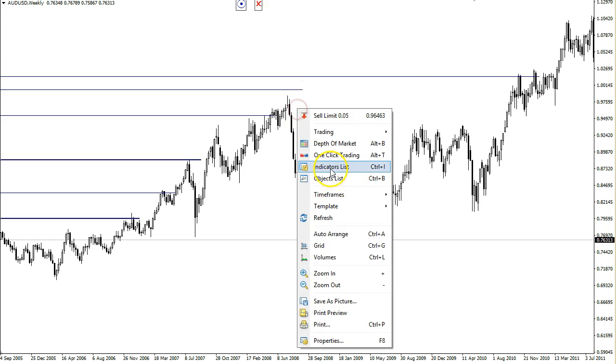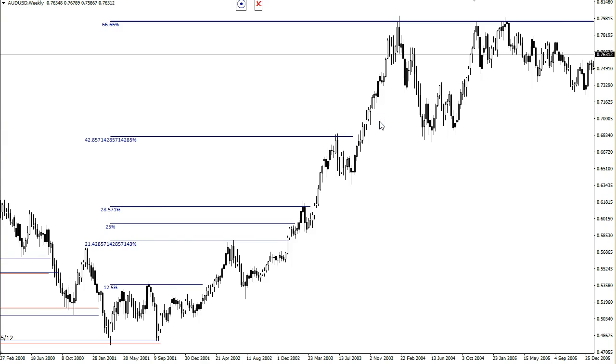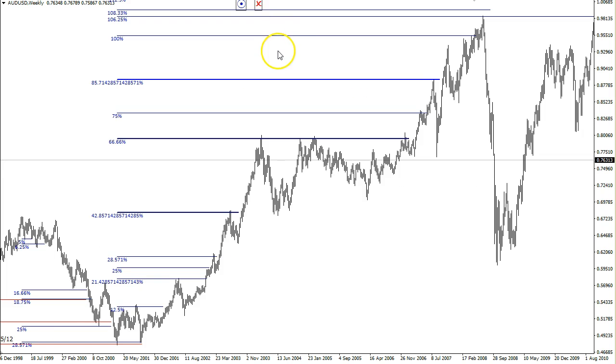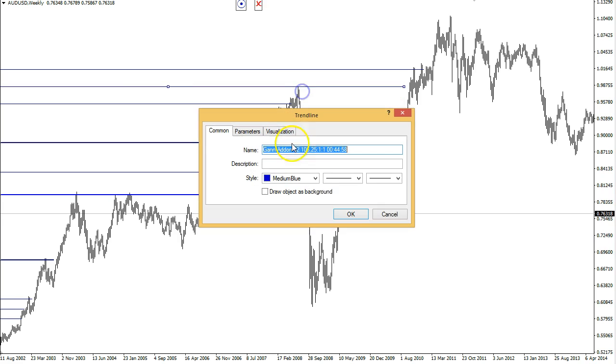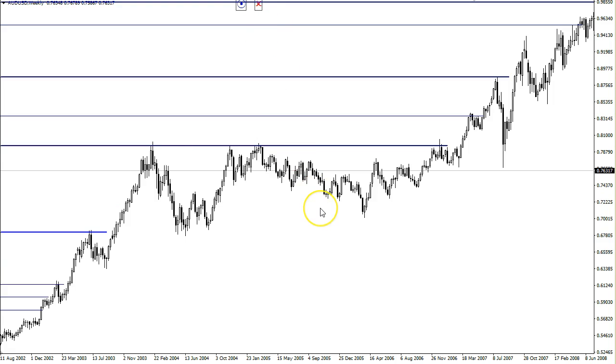108.33, nothing. Before that, you have 106.25. So we can see that 106.25 did stop the market from the historical low to the downside. So this is very important.